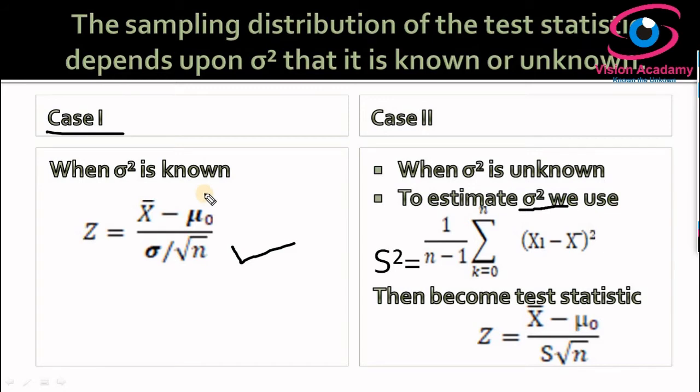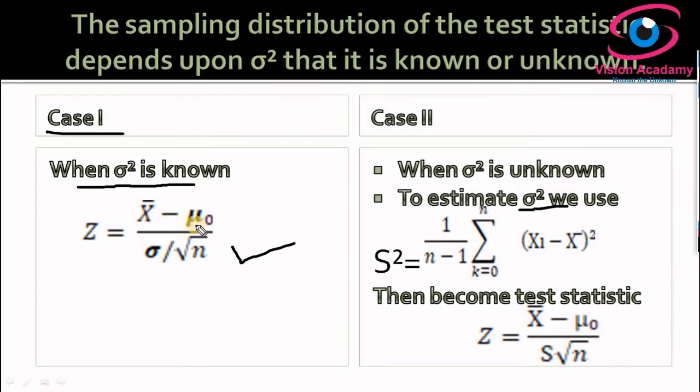The formula for calculating when the variance is known is z equals x bar minus mu, divided by sigma over root n. So here it is clear you must calculate the mean. If you are ready with the mean, you can apply it here.